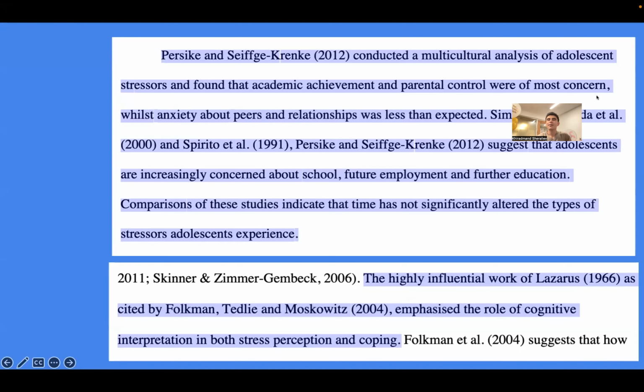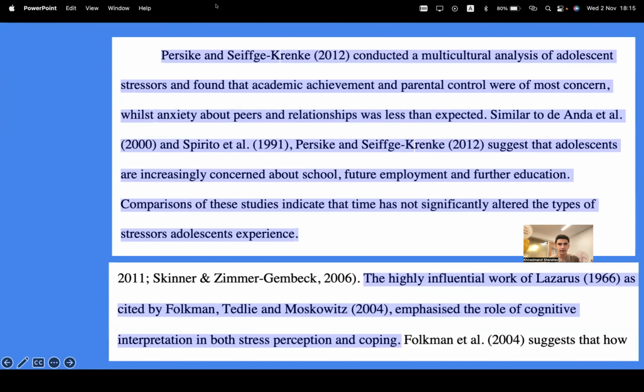Okay, so what is taking place here in this part? What is the one thing that has not been found before in this example of literature review?